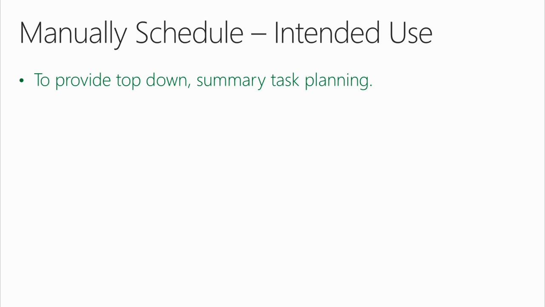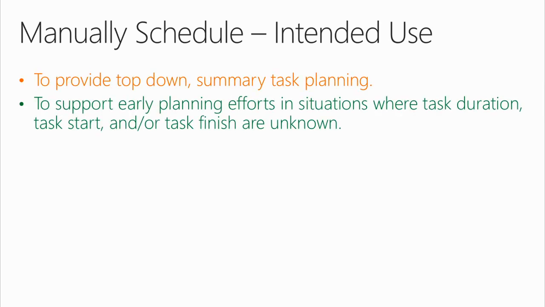Top industry analysts that look at project management tools basically stated that for Microsoft Project to remain competitive, it needed to provide top-down planning, something competitive products provide. Now, I don't want you to forget that, because if that's its intended use, then that's what we should use it for. Why?